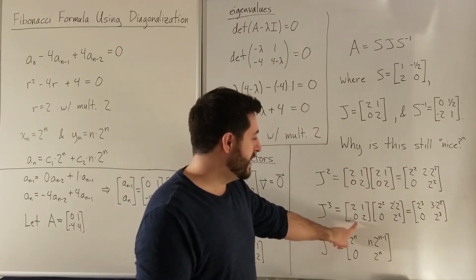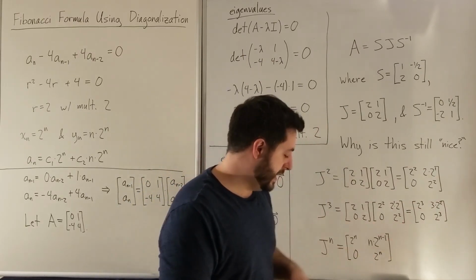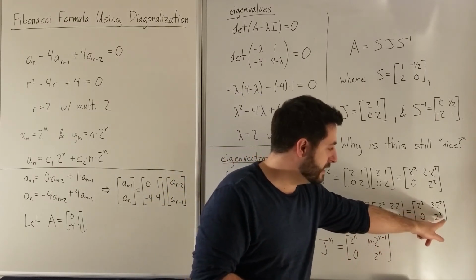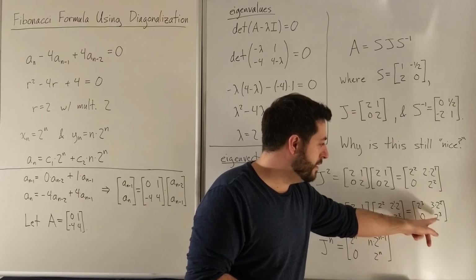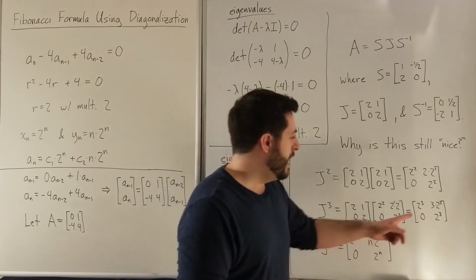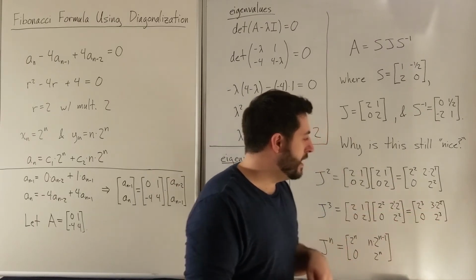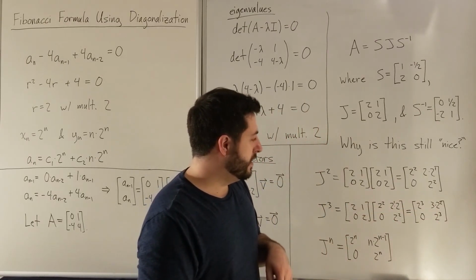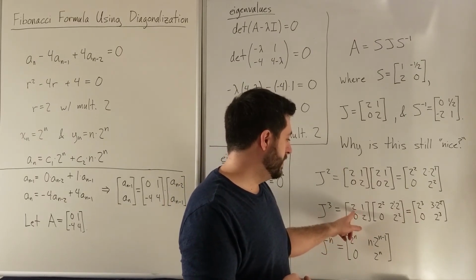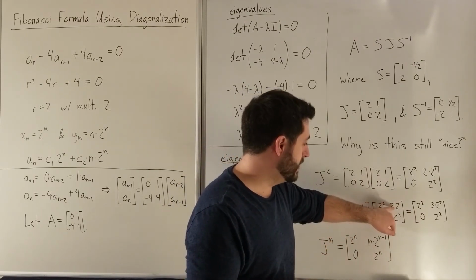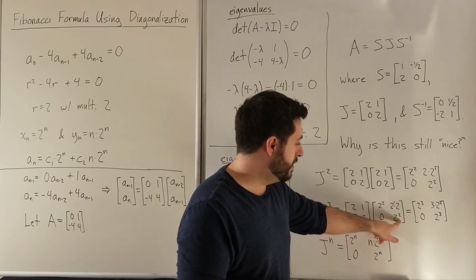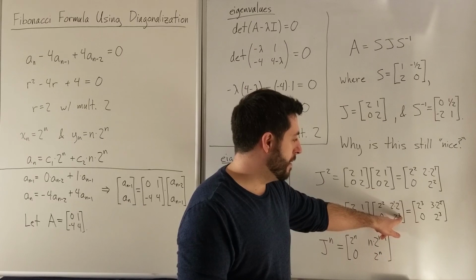When you multiply it by J again, you're going to see that this just acts like a diagonal matrix in the sense that we just keep doubling it each time we multiply by another J. And this top right entry is going to do something weird. We double what was already there, that's this 2 times here, and then we add 1 times 2 to this power right here.